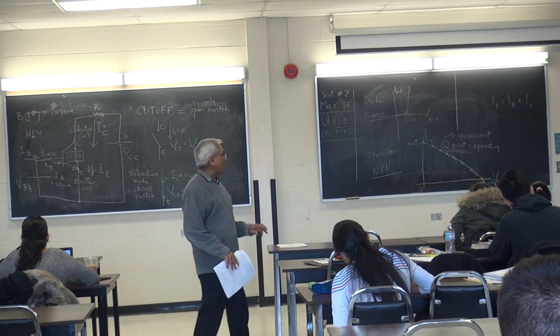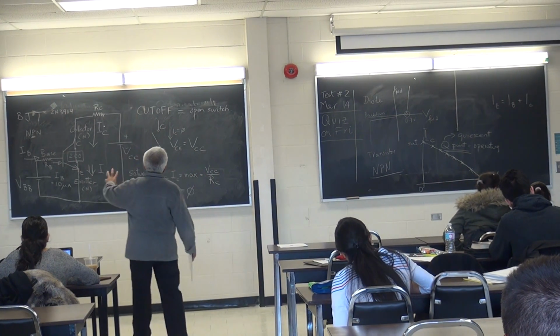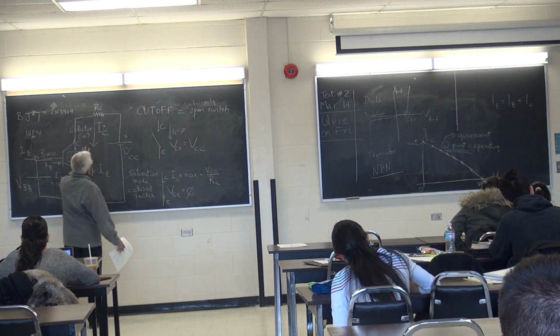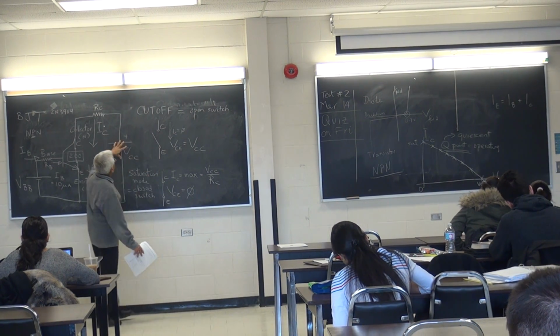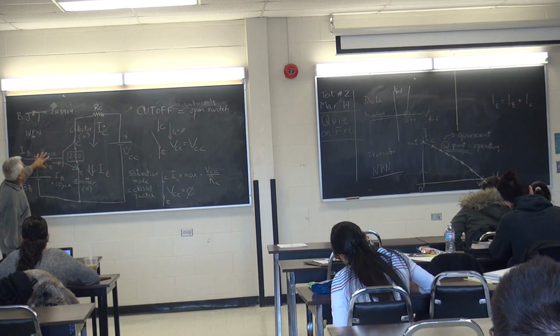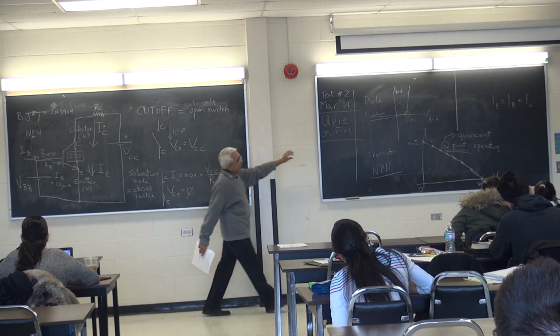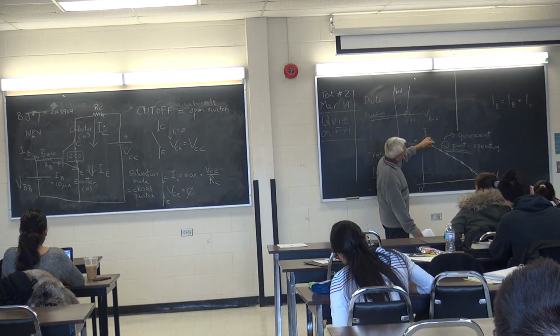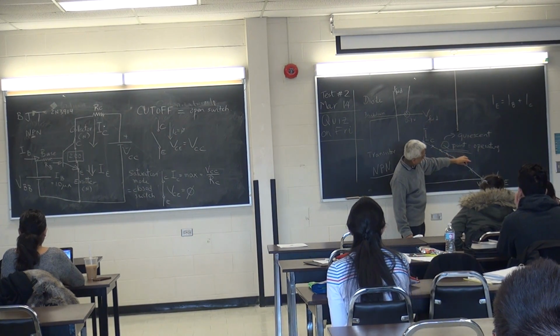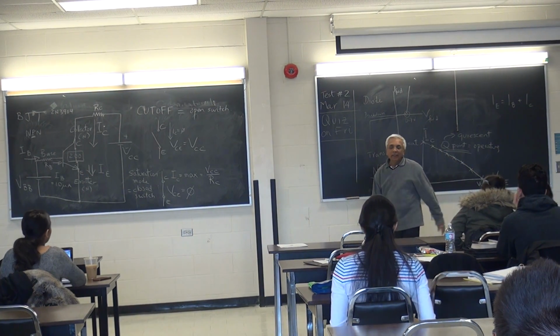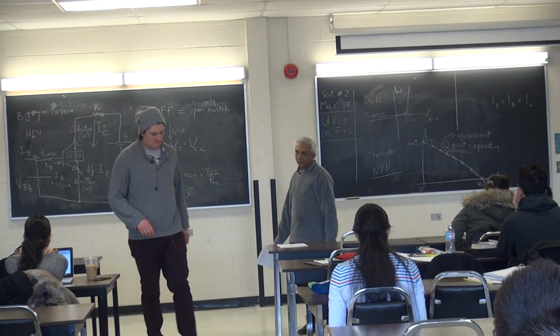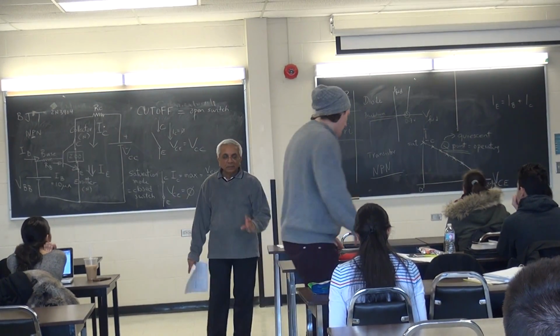What do we mean by operating point? In a given circuit, based on the value of V, R, this voltage and this resistance, that transistor may operate somewhere here, or here, or here, or here, or all the way at the cutoff point. Okay?